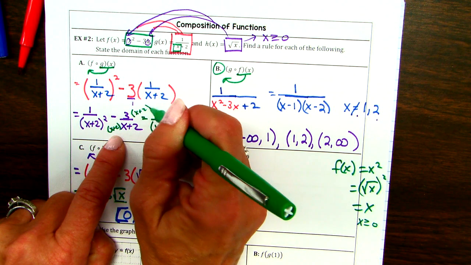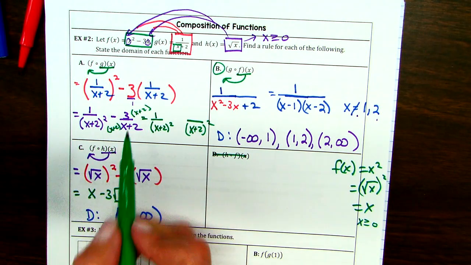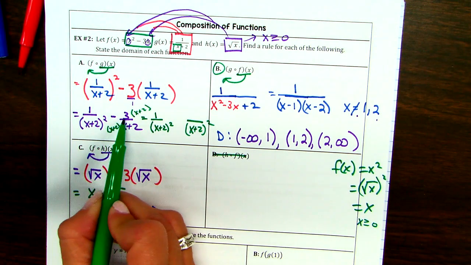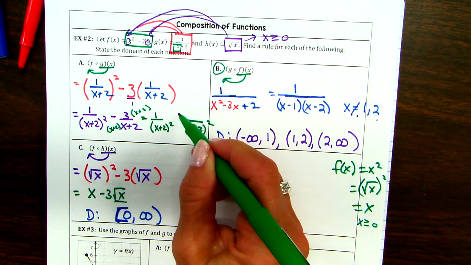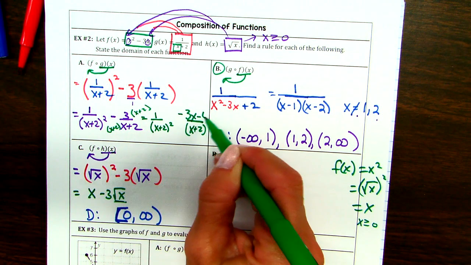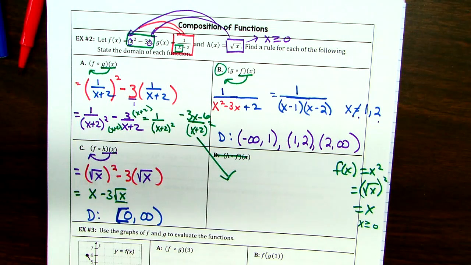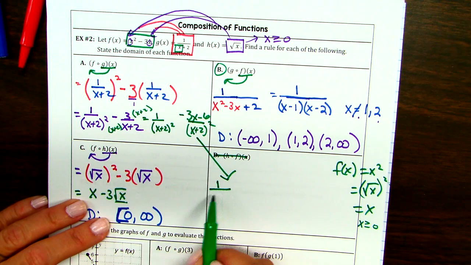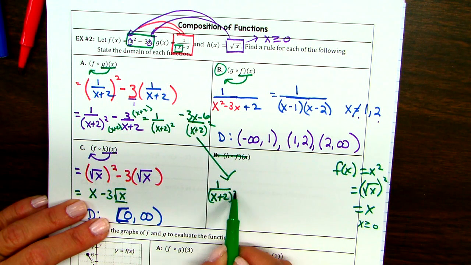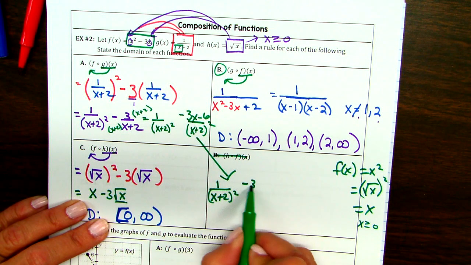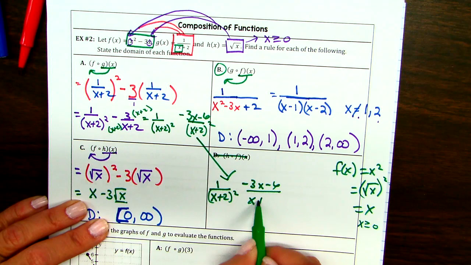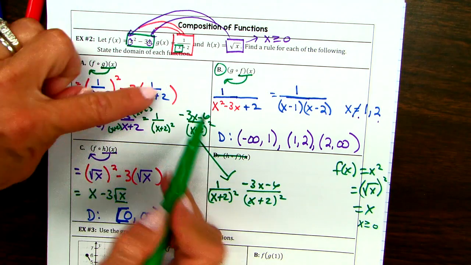I'm sorry, this is messy. Okay, don't forget, I'm multiplying a negative 3 times x plus 2. Let me just write that because it looks so messy. x plus 2 squared minus 3x minus 6 over x plus 2 squared. Okay, so that's what this was right here.